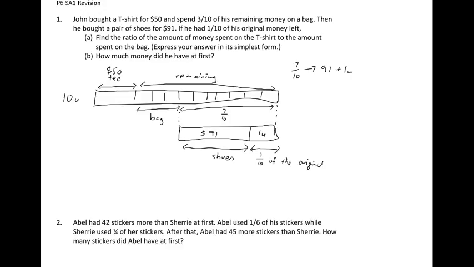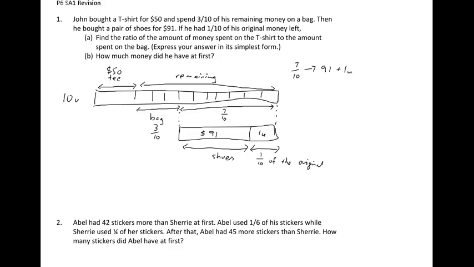This is 7/10 of the remaining one. This one is 3/10 of the remaining one. This is representing different things. This is 3/10 of his remaining. This is 1/10 of his original. The denominator is different. It's meant to confuse you.